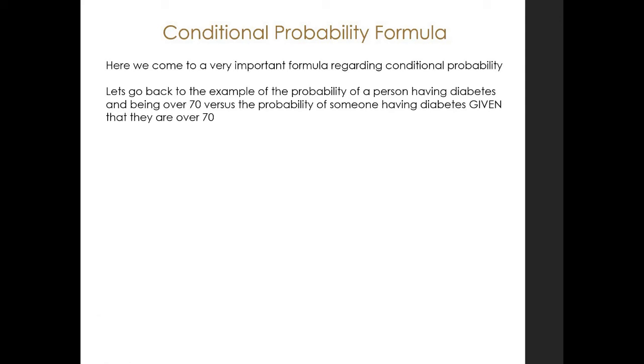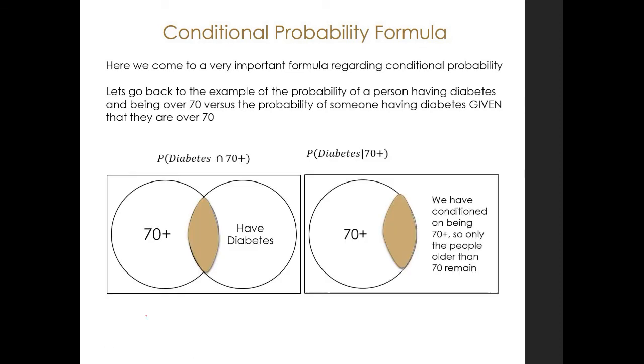And if you're doing year 13, this is important. We come to our conditional formula, right? And the idea is that both of these probabilities include this shaded-in section of the same size, but the difference is the denominator. This one is divided by everything, and this one is divided by a smaller subset, right?